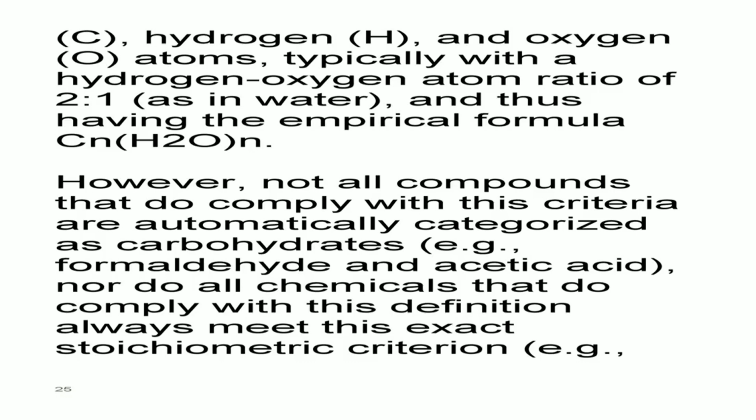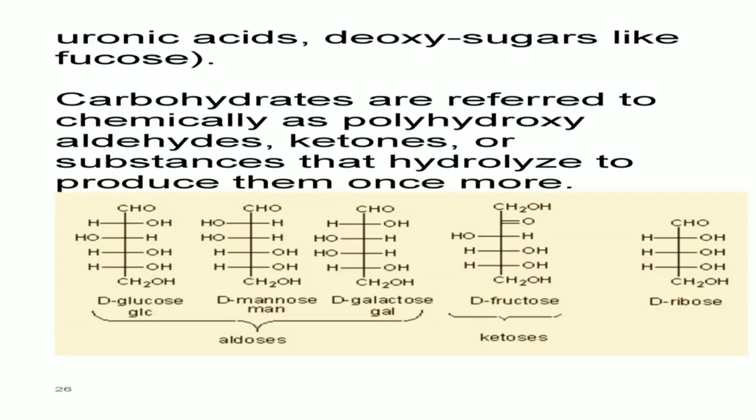However, not all compounds that comply with this criterion are automatically categorized as carbohydrates, e.g., formaldehyde and acetic acid, nor do all chemicals that comply with this definition always meet this exact stoichiometric criterion, e.g., uronic acids, deoxy sugars like fucose. Carbohydrates are referred to chemically as polyhydroxy aldehydes, ketones, or substances that hydrolyze to produce them.